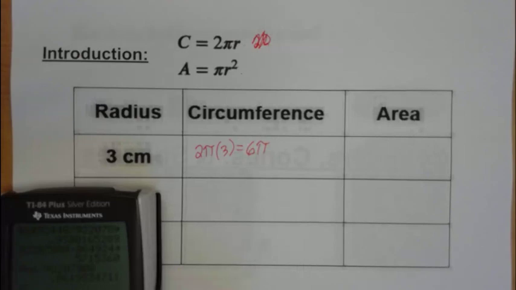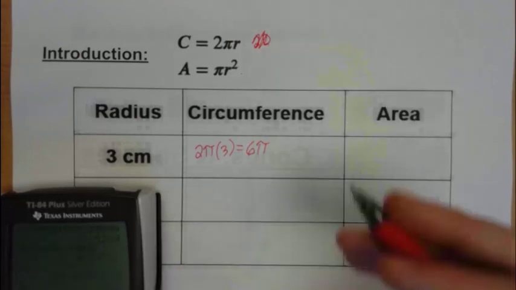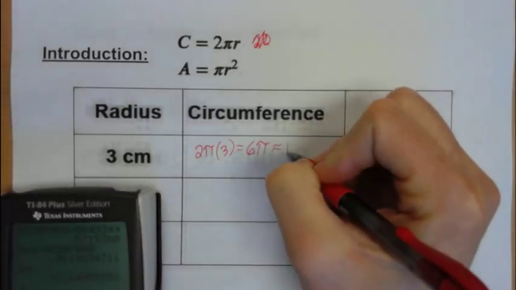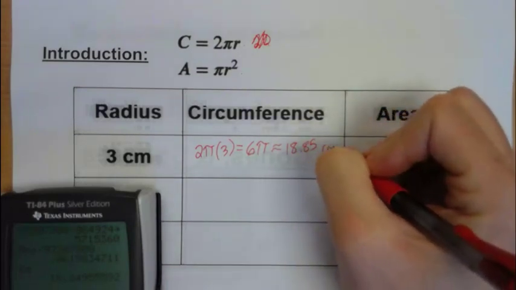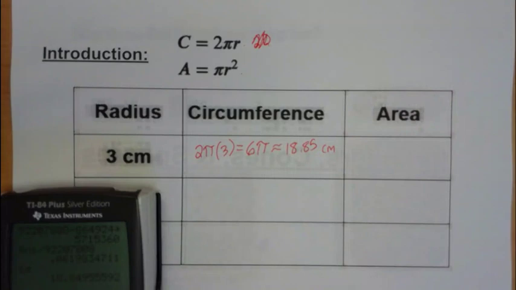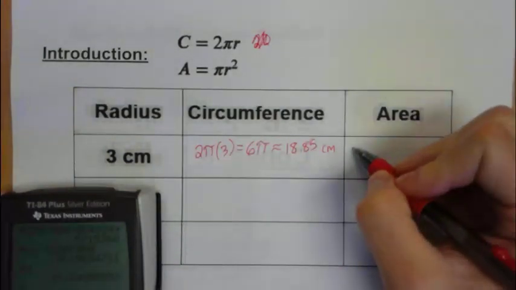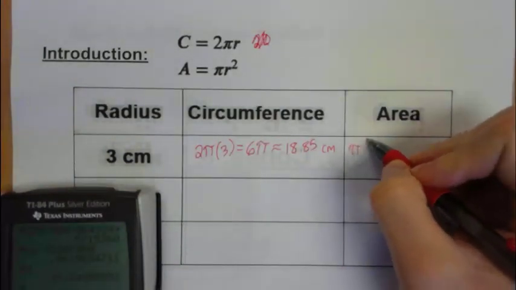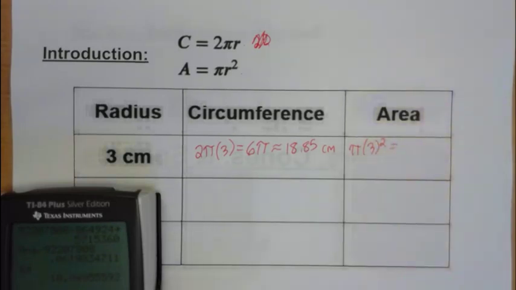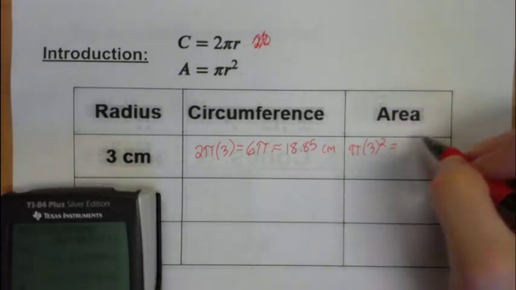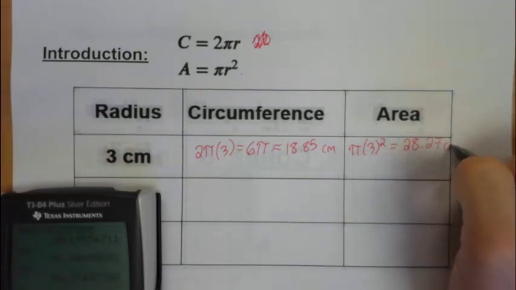If you use the pi button on your calculator, you would get an answer of about 18.85 centimeters. The area would then be pi times 3 squared, or pi times 9. And 9 pi in your calculator equals 28.27 centimeters squared.